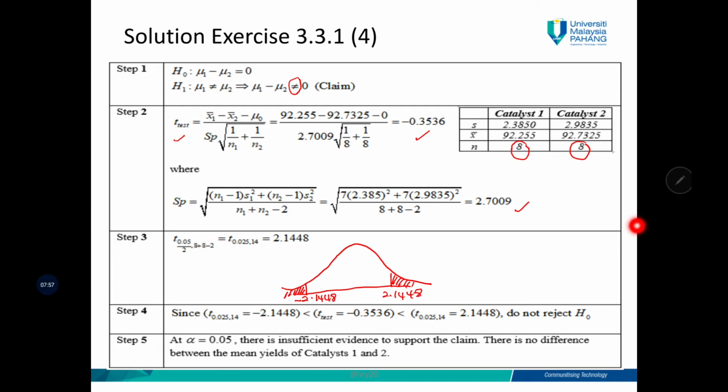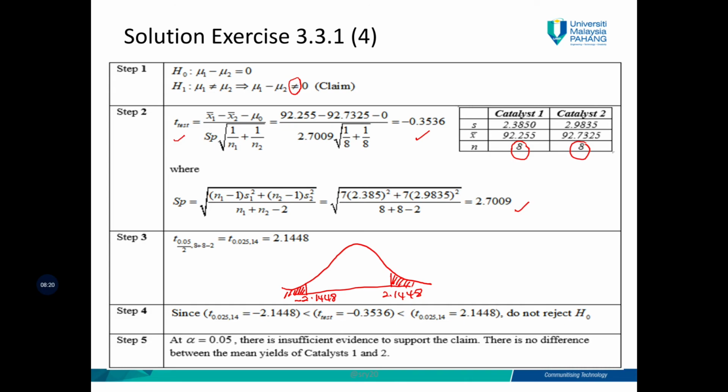Once we identify the rejection region and critical values, we can complete step 3. Now we go to step 4 to make a decision on H0.